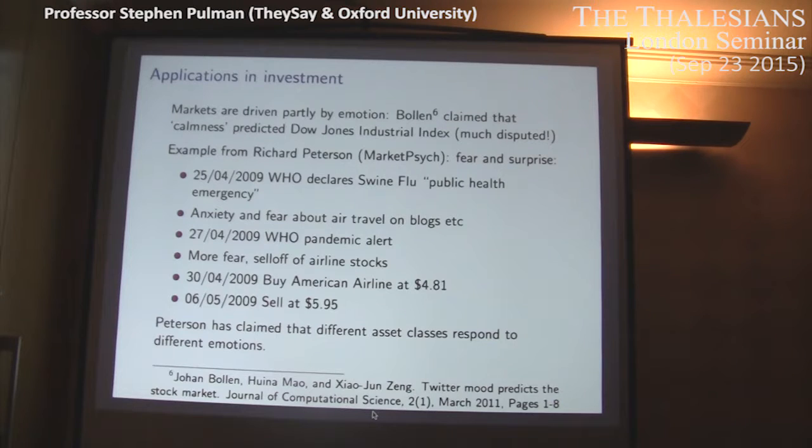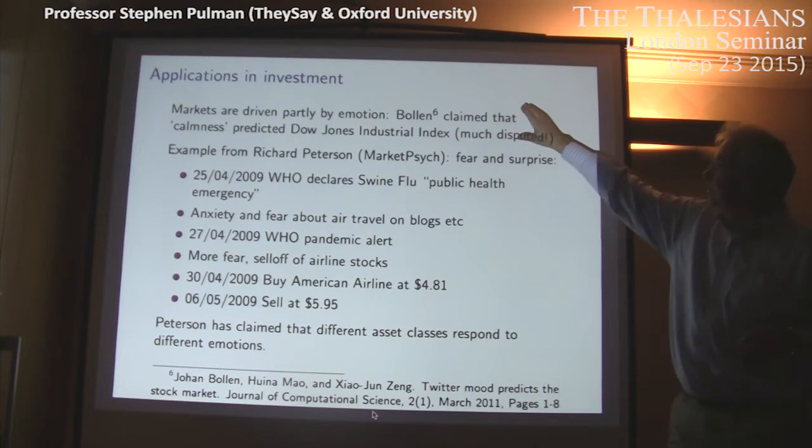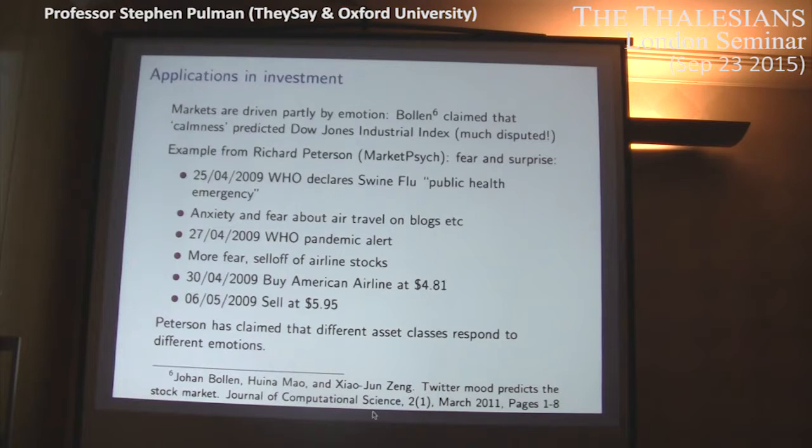So if you can track that kind of fine-grained emotional response, then that may well be able to earn you some money. There's a well-known paper by Johan Bollen and some colleagues who also claimed that calmness, a particular emotion, would predict the Dow Jones index.